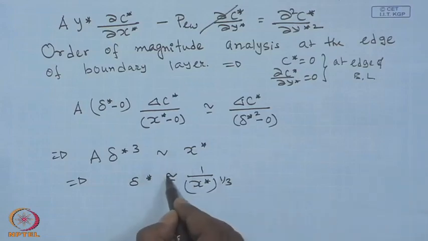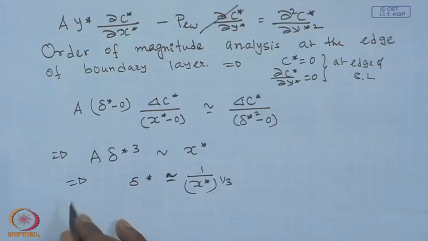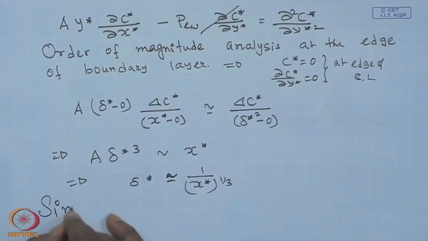That is the order of magnitude, the form of how delta star varies with x star. So it varies as x star to the power 1 upon 3. So we are now in a position to define the similarity parameter.